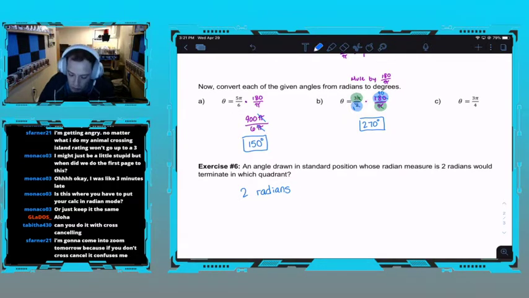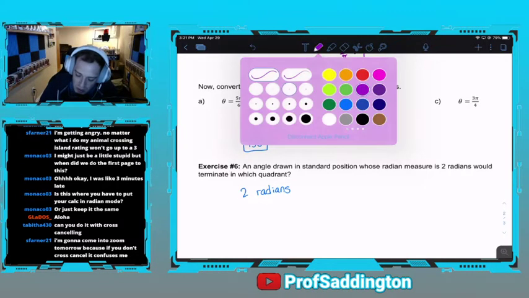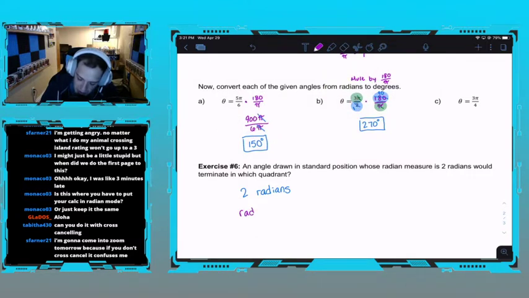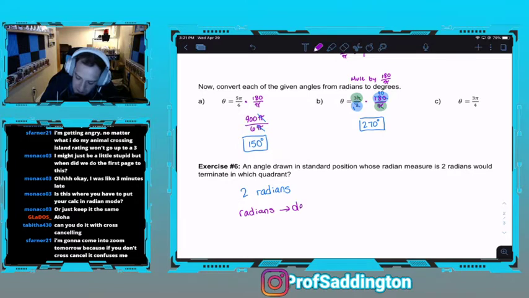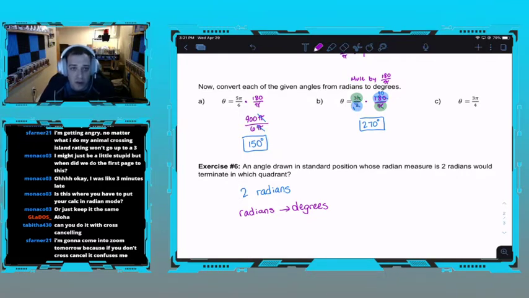So what we're looking to do here is go from radians to degrees. Based on what we just talked about towards the top of the page, in order for us to go from radians to degrees, that was the second part. That means we're multiplying by 180 over pi.